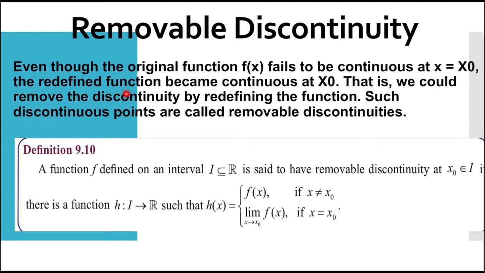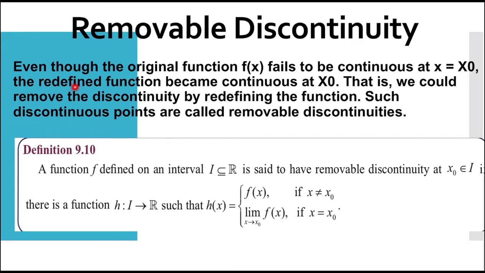The redefined function becomes continuous at x naught. So, the function f of x fails to be continuous at x naught, but we can redefine the function so that it becomes continuous at x naught.